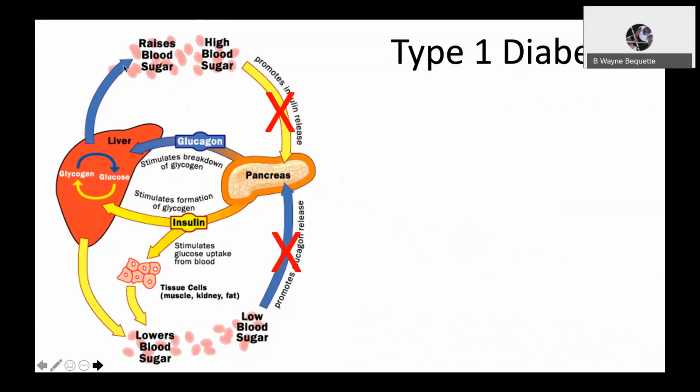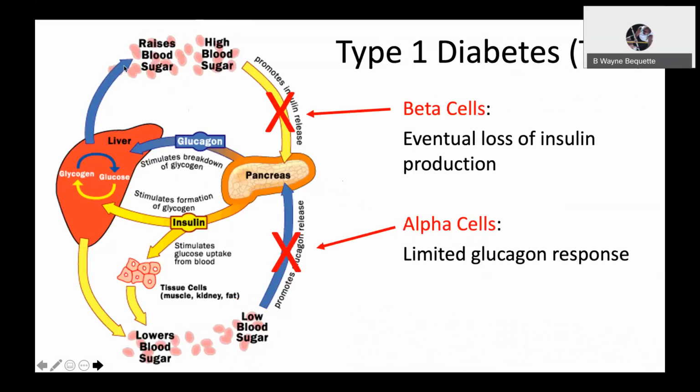Now, somebody with type 1 diabetes eventually loses the ability to secrete insulin or substantial amounts of glucagon, and therefore they cannot regulate their blood glucose levels. Both the beta cells and the alpha cells lose action, so you no longer have the ability to produce insulin.